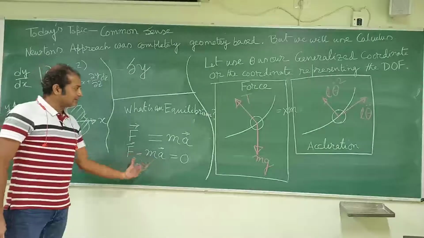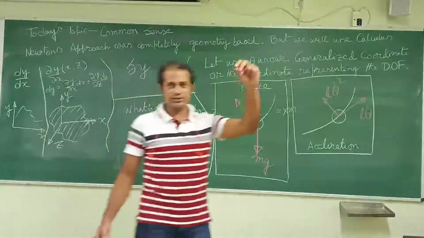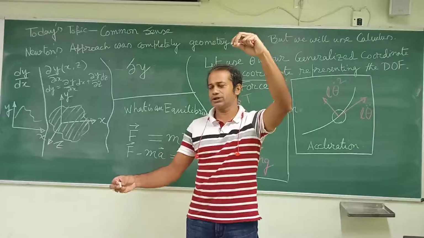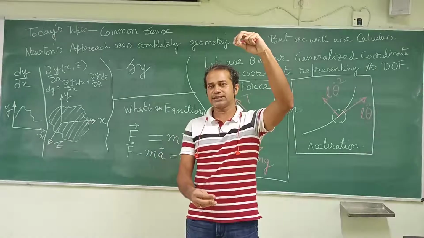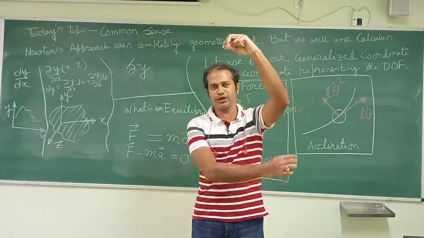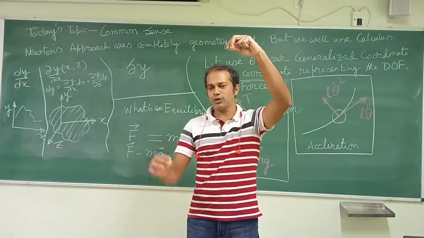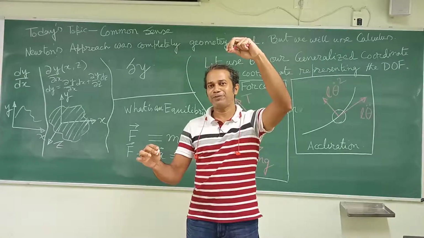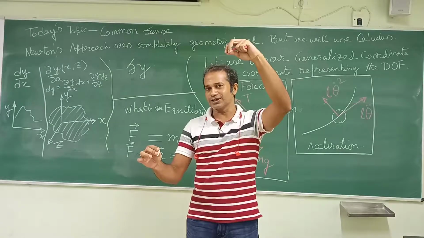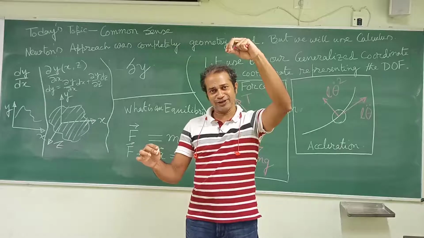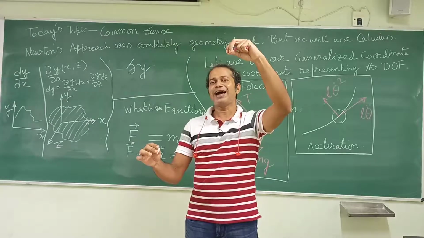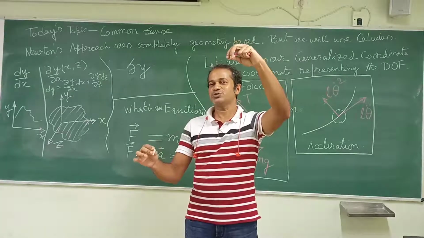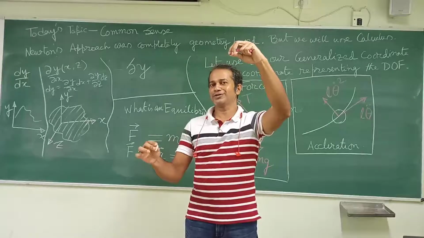Now in this dynamical equilibrium, let's say this is the joint, the string is attached over here, and this is the pendulum bob, and it is going to move swinging like this. You have taken a snapshot of the pendulum placed over here, and at this position you are calculating the forces and the accelerations, and equating force equal to mass times acceleration, and that is what you are deriving as dynamic equilibrium.